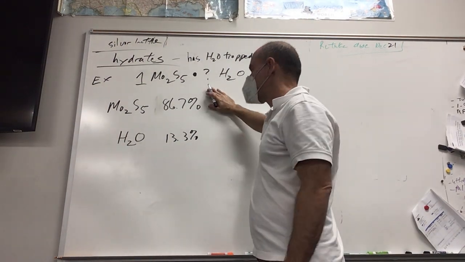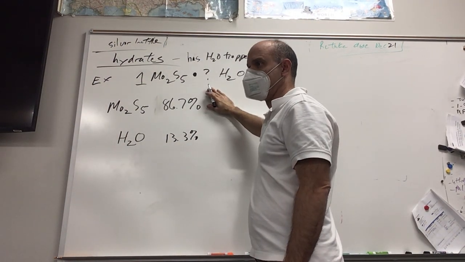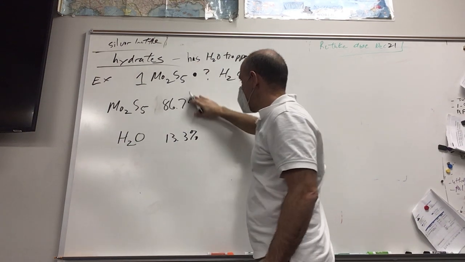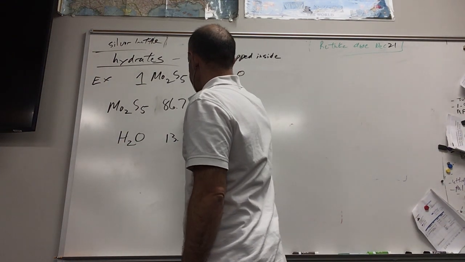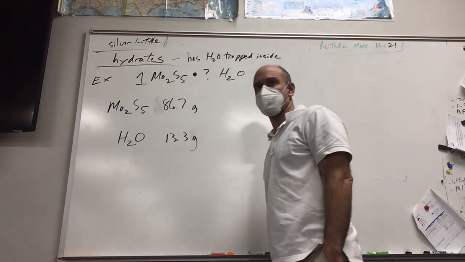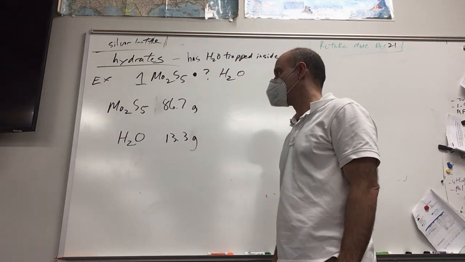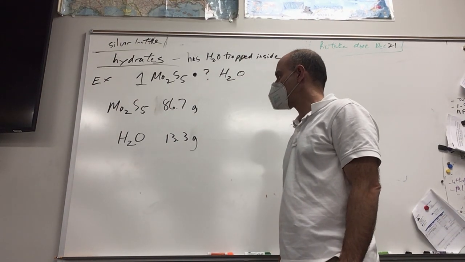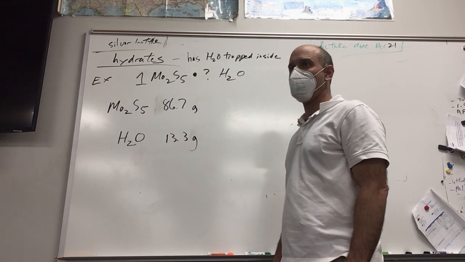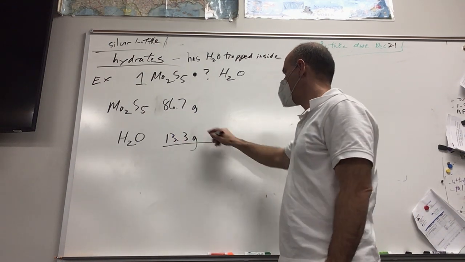So if they give you percentages, Lily, just change it to grams. Okay? So percent, just go ahead and change it to grams. Then, when in doubt, convert to moles.